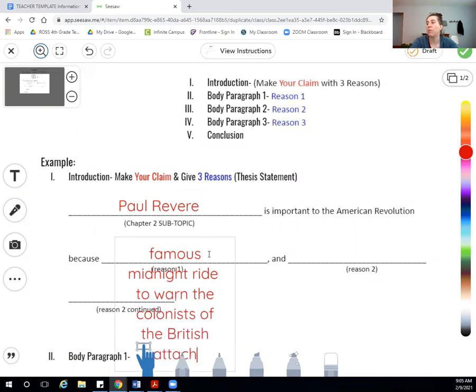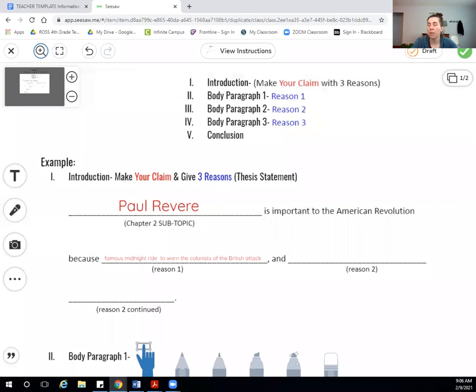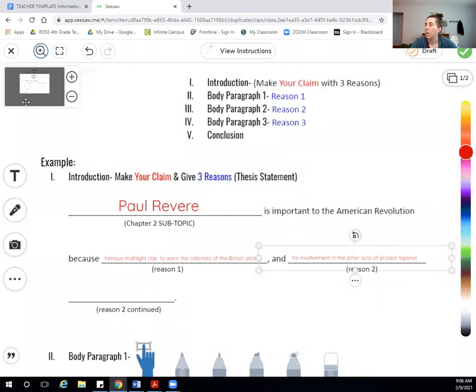That would be my first reason. And then my second reason is his involvement in the other acts of protest against the British government. I'm going to clean this out.